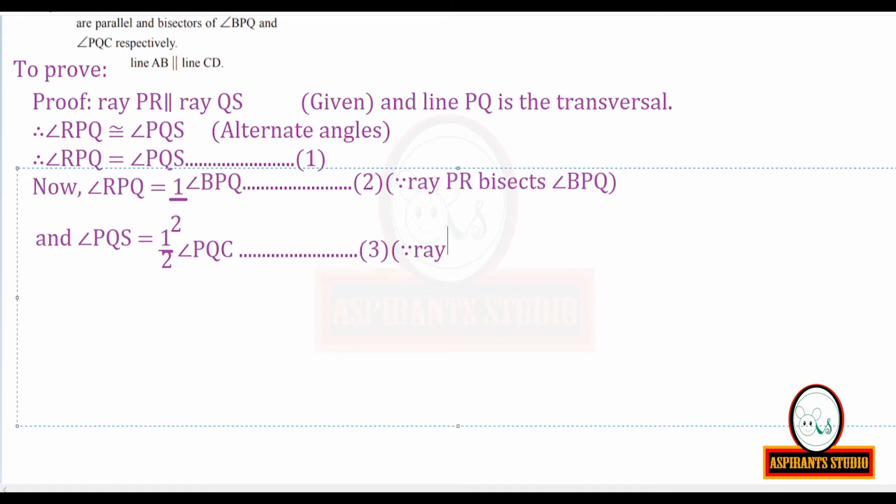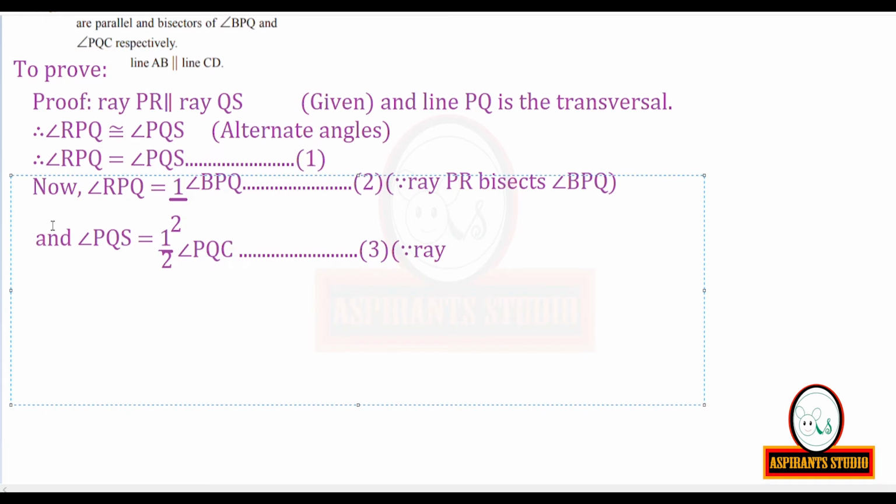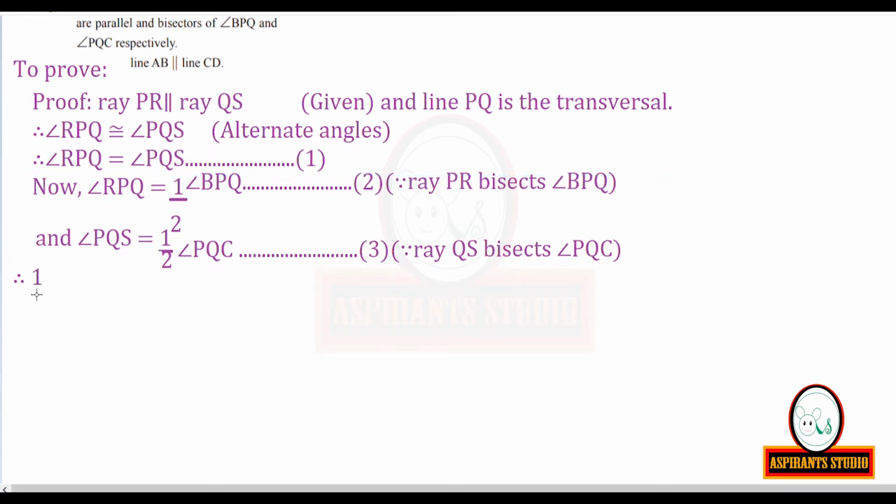So equation 1 becomes half of measure of angle BPQ is equal to half of measure of angle PQC. Now from 1, 2 and 3 we get half of measure of angle BPQ is equal to half of measure of angle PQC.